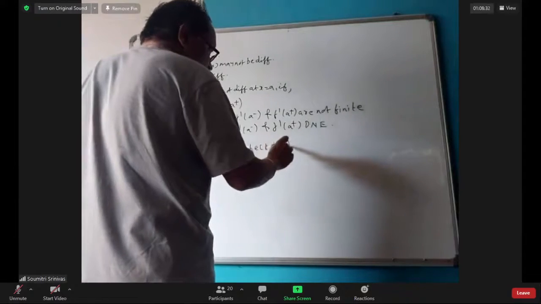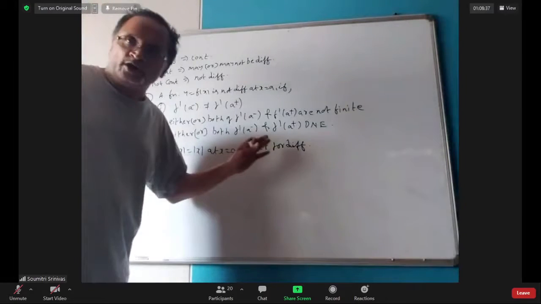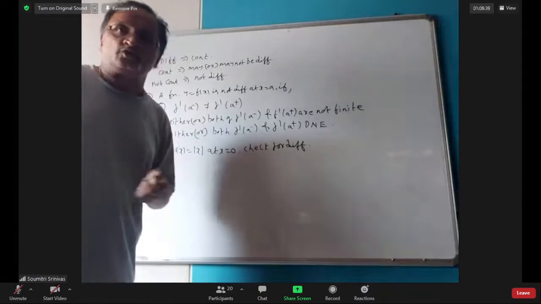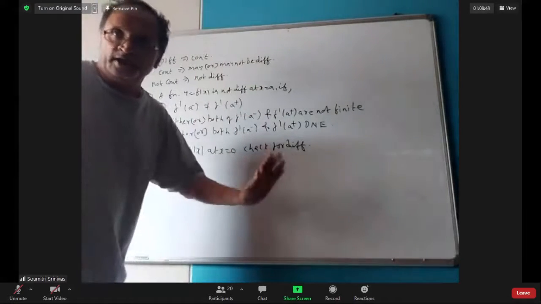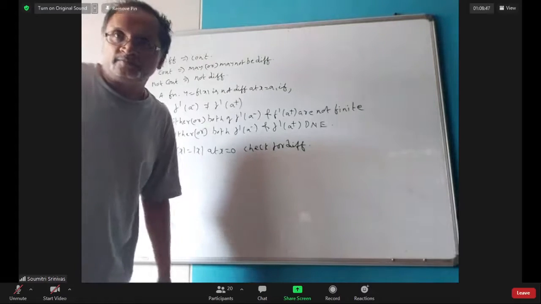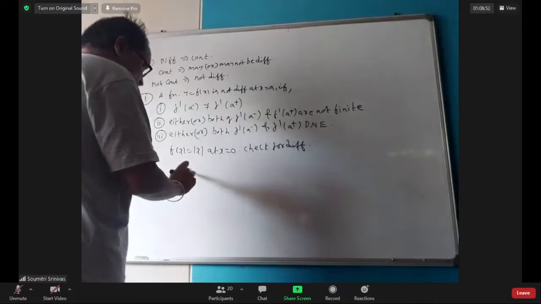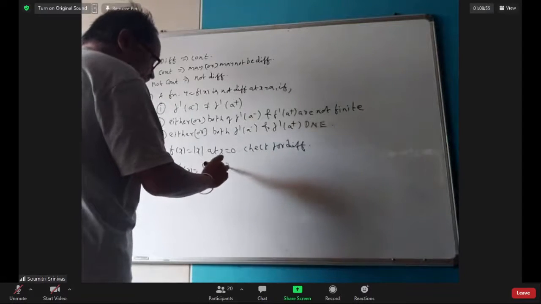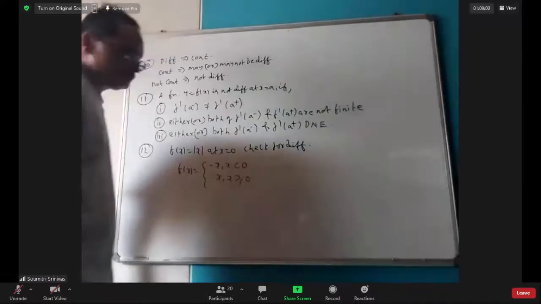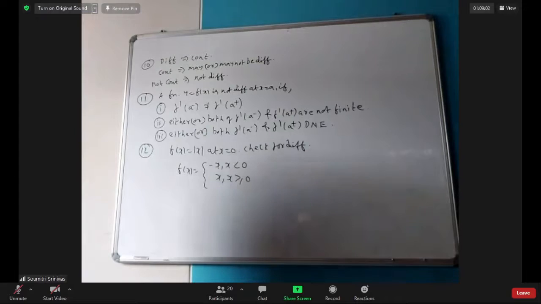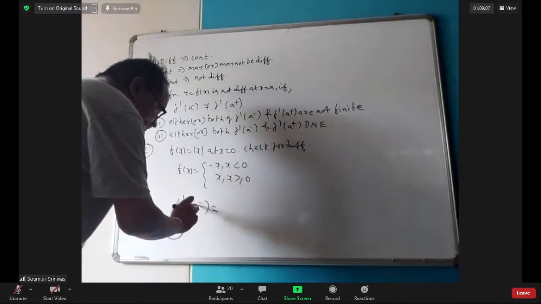Pay attention. Check for differentiability. Every time you cannot draw the graph for every function. We are not so great that we can draw the graph of every function. Therefore, how do I write the function? What is f of x? What do you mean by f dash of 0 minus?